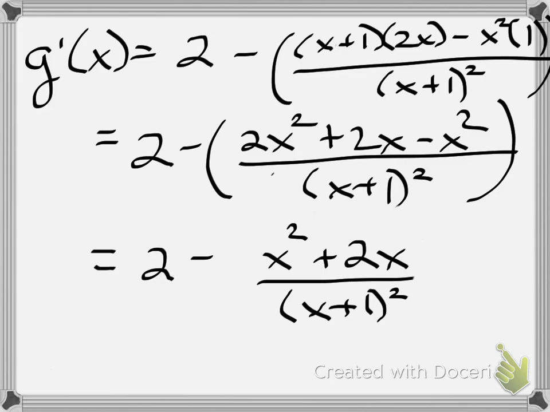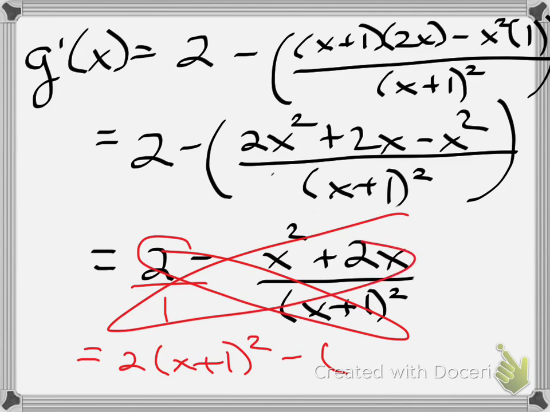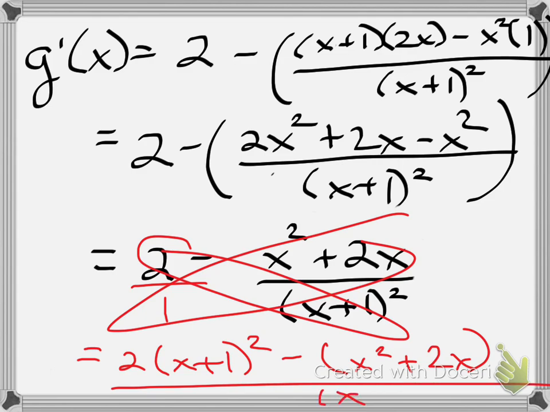Probably the best thing to do is make that a fraction so you can butterfly. So it's 2 times x plus 1 squared minus, multiply that other way, x squared plus 2x, all over the x plus 1 squared.